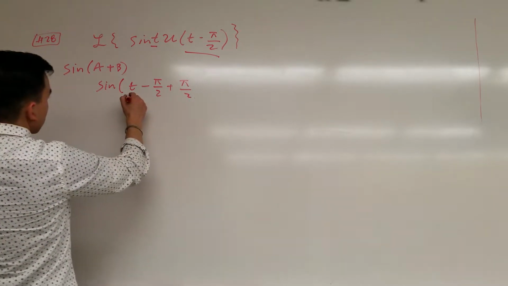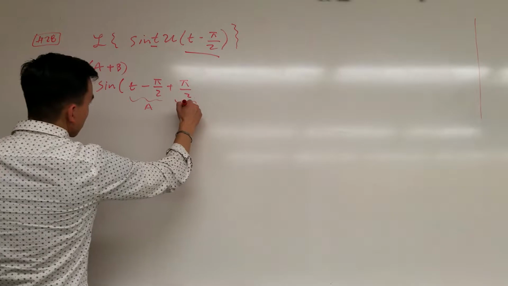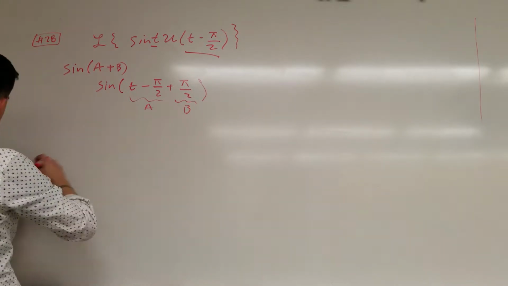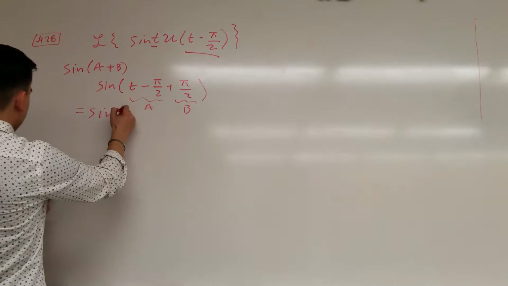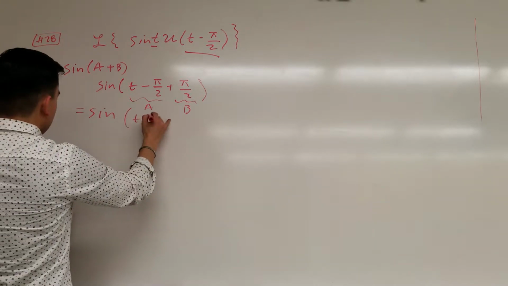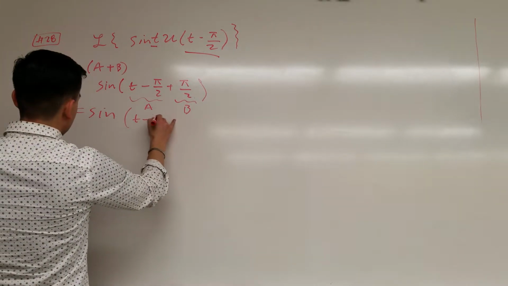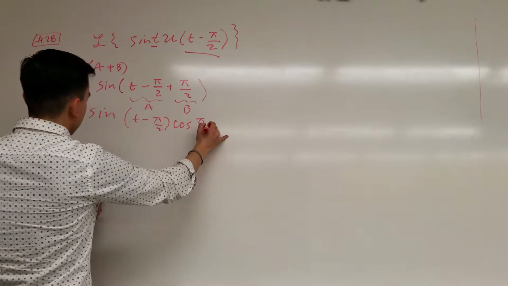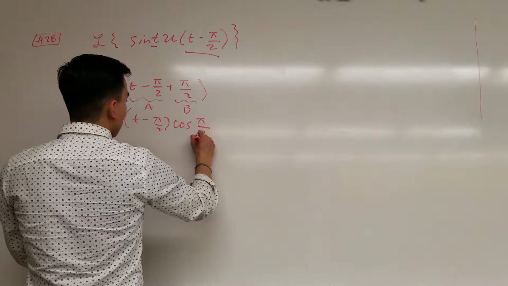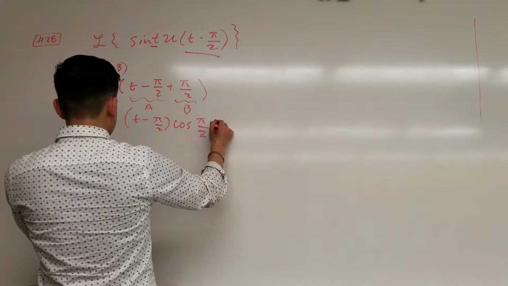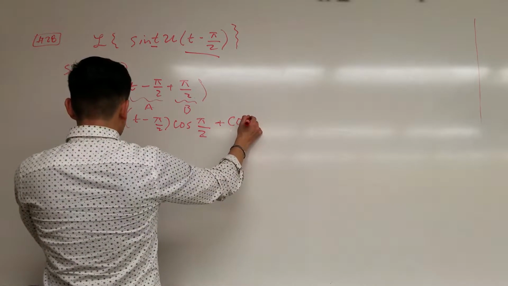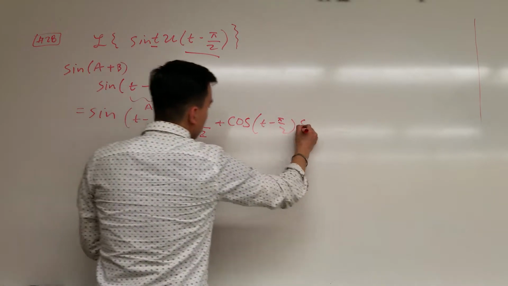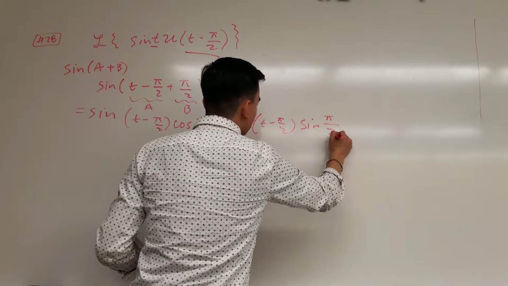All right, and I'm going to treat this as my A, treat this as my B. So then I'll have sine t minus pi halves cosine pi half plus cosine t minus pi half sine pi half.